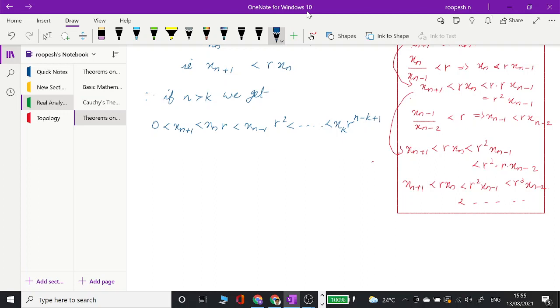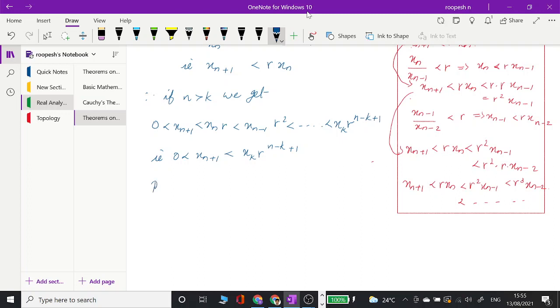So from this we get 0 less than x n plus 1 less than xk R raised to n minus k plus 1.